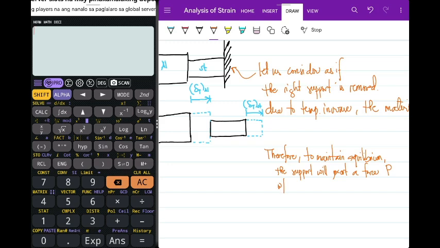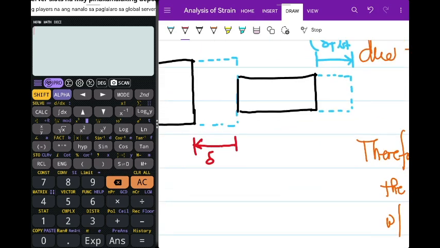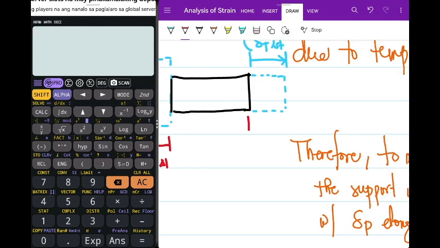One thing that we must really analyze is whether this compound bar is fixedly attached, or whether there is a support at the other end of the material, because if there is, that rigid support will stop the material from further expanding.